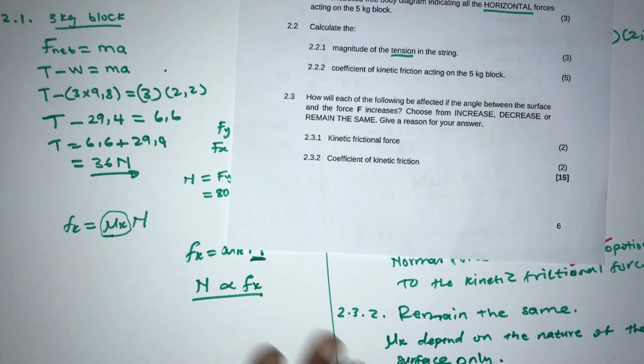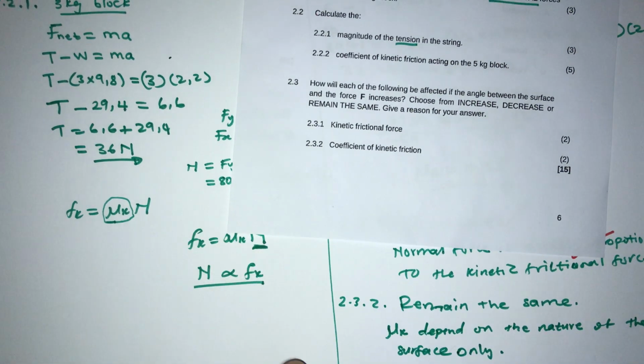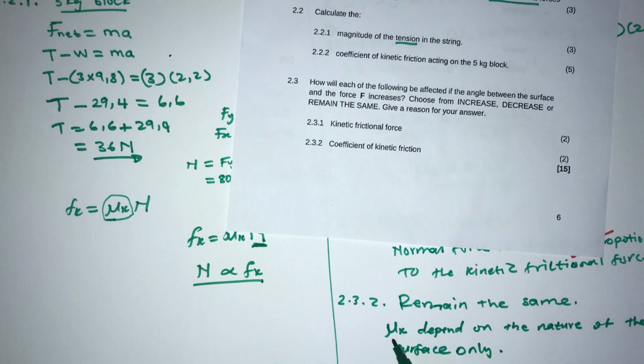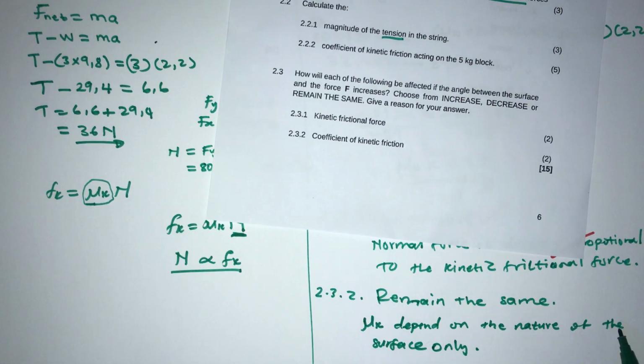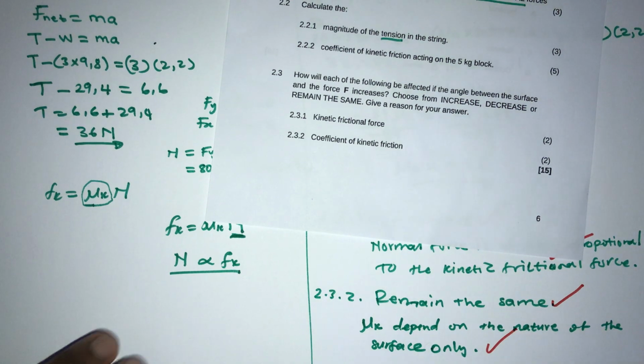So the coefficient of kinetic friction depends on the nature of the surface only. So that is the reason for this answer. It means that also that one is 2 marks. So you will have 1 mark for saying it will remain the same and 1 mark for the reason.